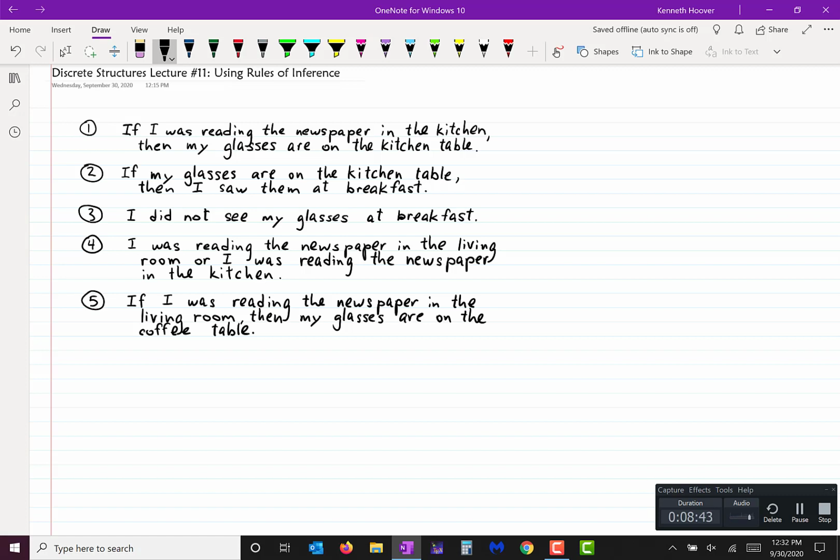But it's quite a bit harder to take that extra step and to actually diagram the logical argument and say which rules of inference were used at each place. So that's what I want to go over with you.